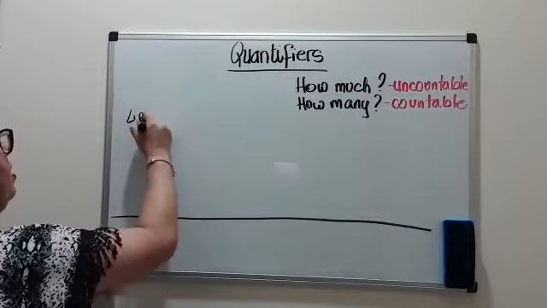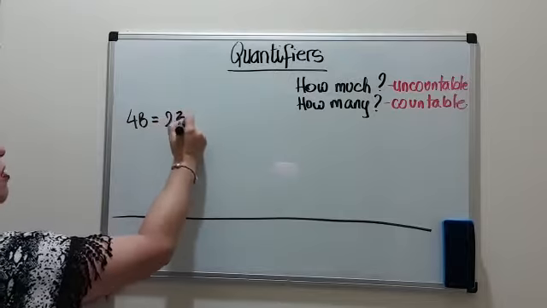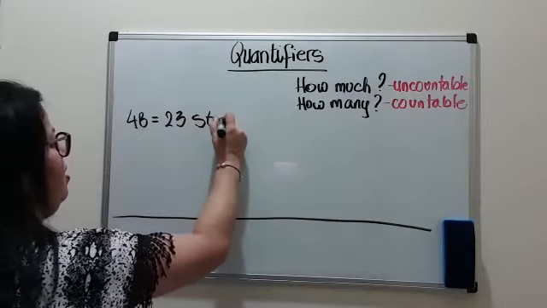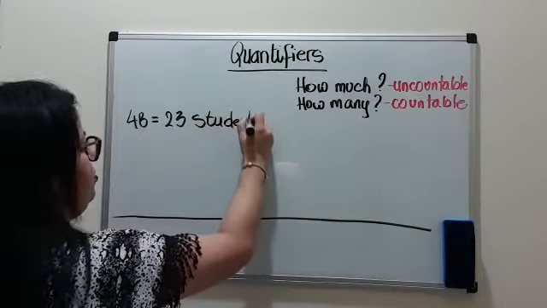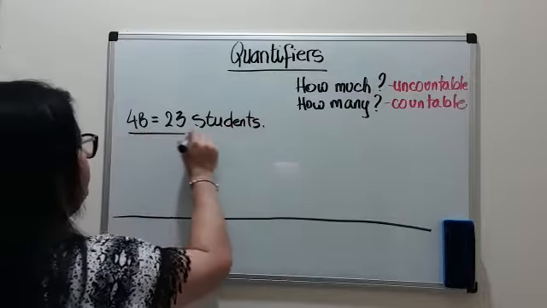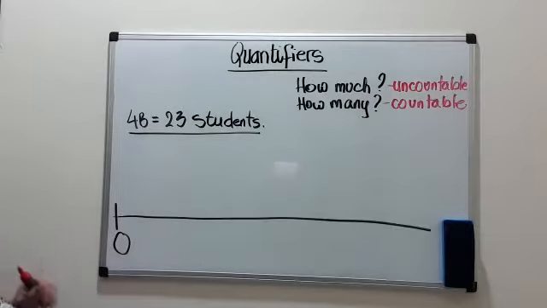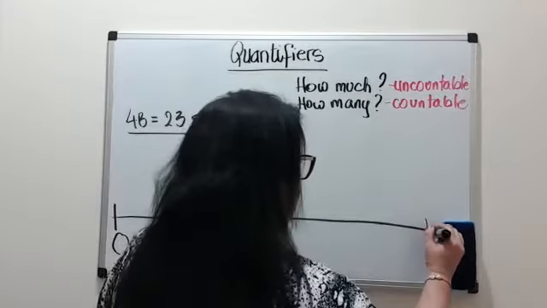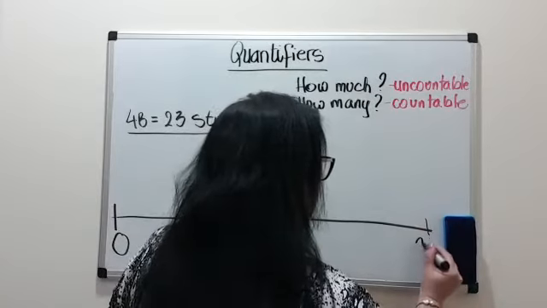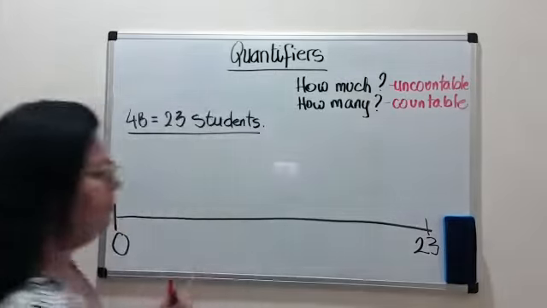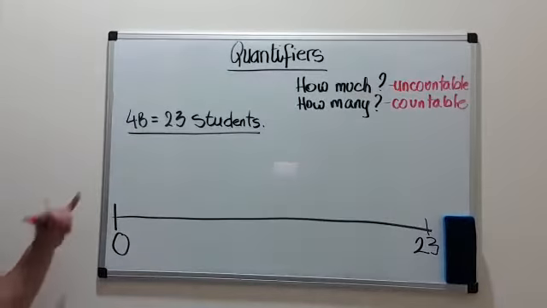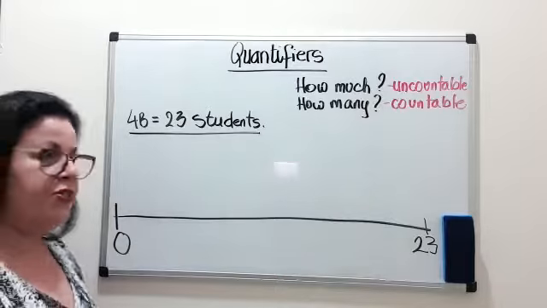In 4B, there is a total of 23 students. I will put here 0, and I will put here 23. And now we will take some quantifiers.